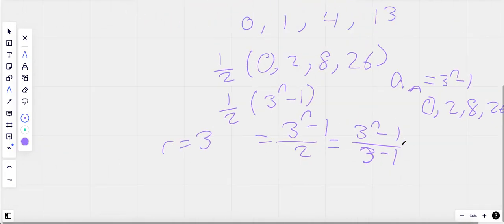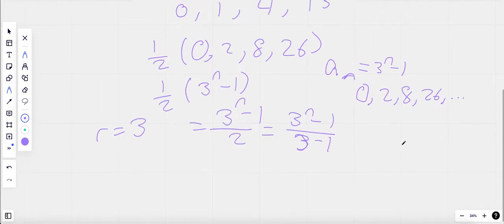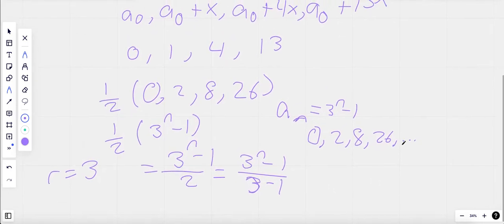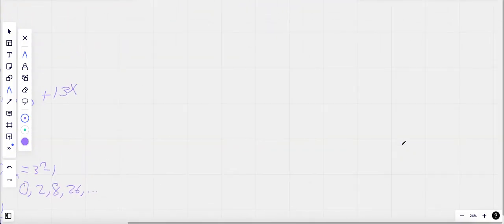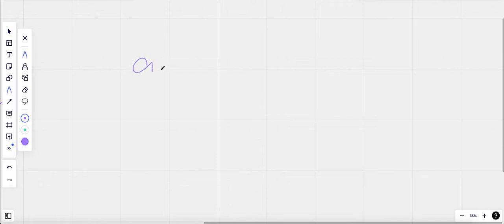Okay, so this is just one example. Let's try another example and see if it follows a very similar pattern. So let's say I have another set of terms in a sequence, and the difference between the first two is x again.